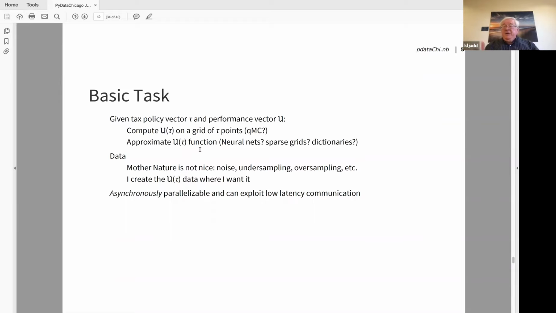No, I have big data problems, but I control the data. I choose where I evaluate the performance of tau. And so I don't have those problems because I control the data process in order to get this approximation of a function. By the way, this is asynchronously parallelizable, but you can also use low latency communication. This is ideal for high power computing.